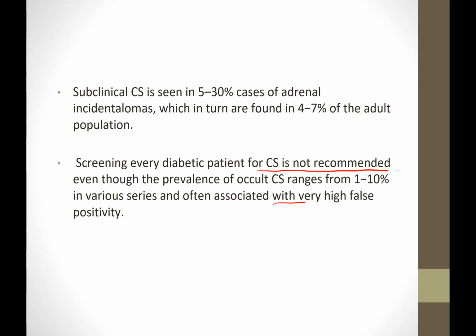So what they are saying is, don't start screening every diabetic for Cushing unless they have some reason to screen, like very discriminatory features, or an incidentaloma, or a vertebral compression fracture, or osteoporosis, or hypertension at a young age. Not that every diabetic patient needs to be screened.